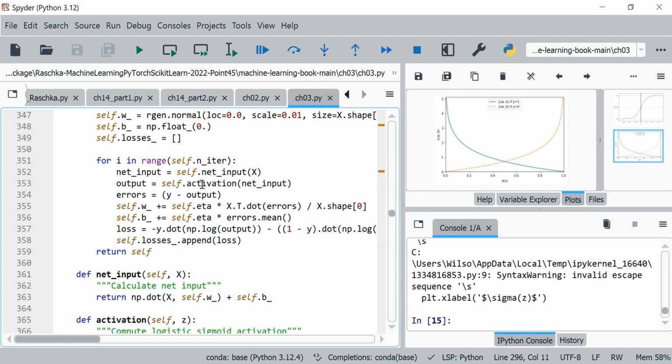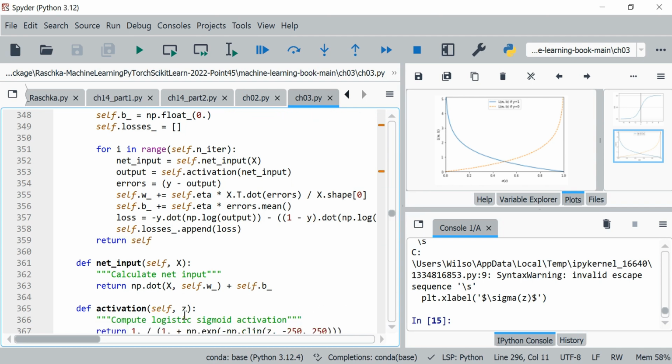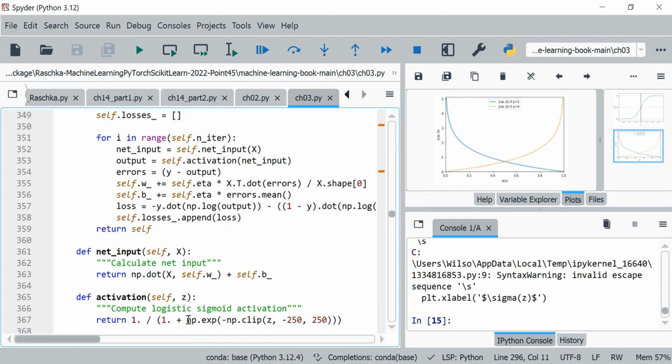So here is also a function called activation. Activation is a sigmoid activation function: 1 divided by 1 plus the exponential of, and here we use a clip because we do not want to get very small or very large numbers. So we just cut these to a limit on both ends.